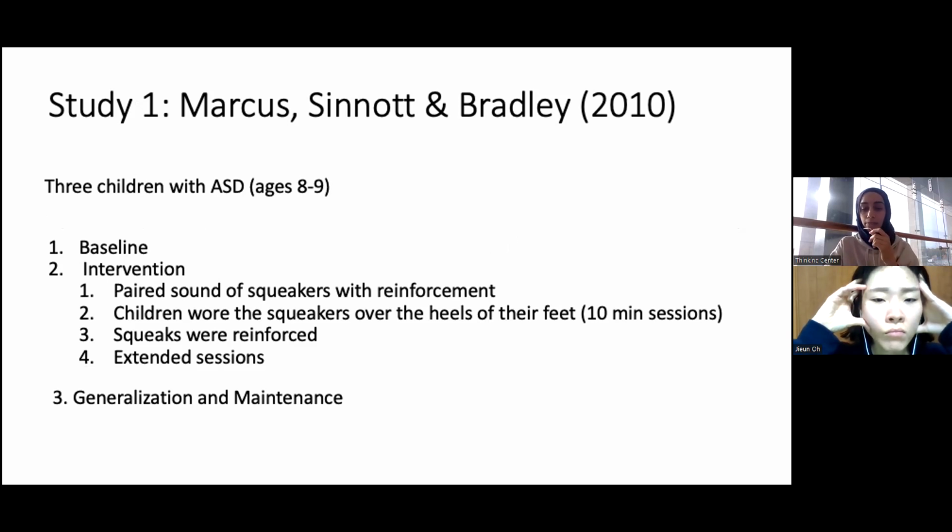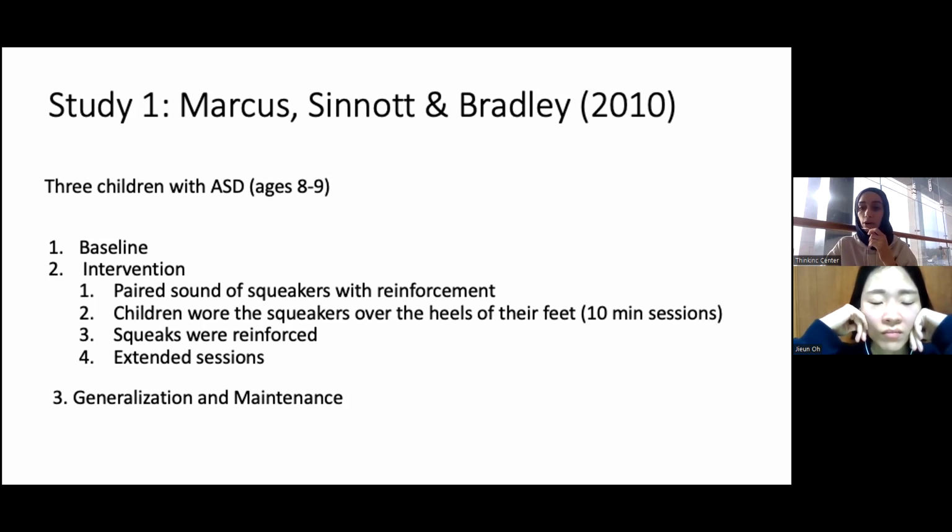Initially, they had the baseline measures, and then the intervention followed. The intervention consisted of 4 phases. 1, they paired the sound of the squeakers with receiving reinforcements. 2, the children had to wear the squeakers over the heels of their feet for 10-minute long sessions.